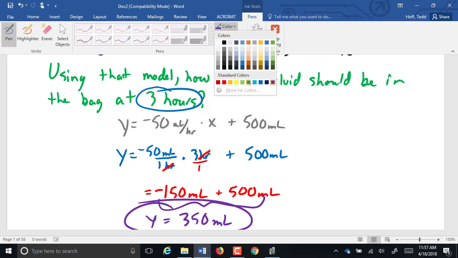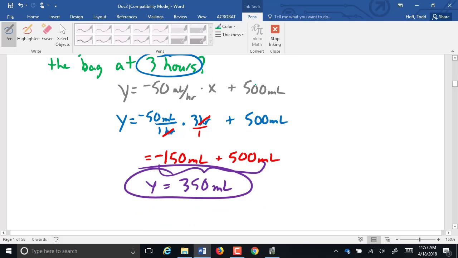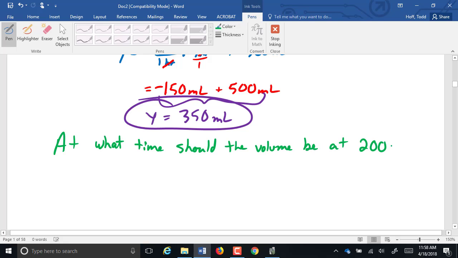Now another question we could ask off of that might be, at what time, technically should ask how many hours after starting the bag, should the volume be at 200 milliliters?